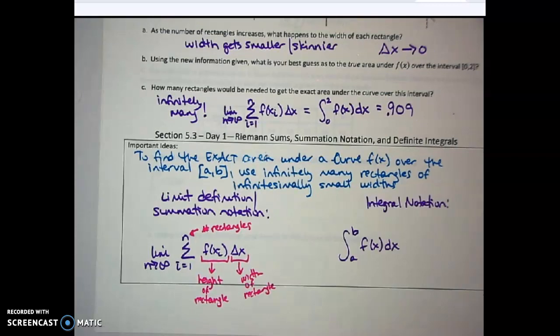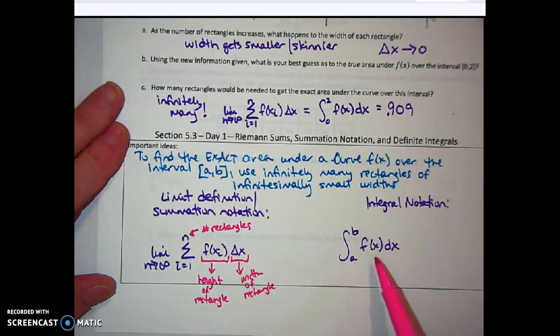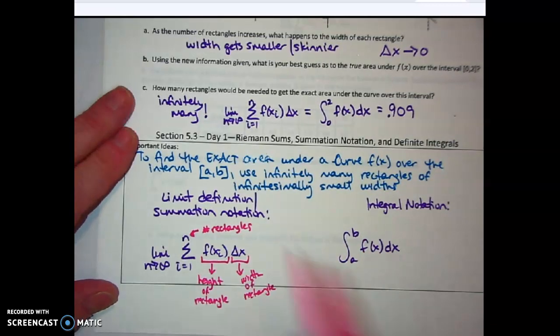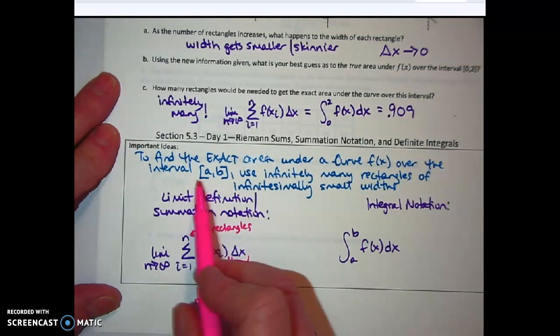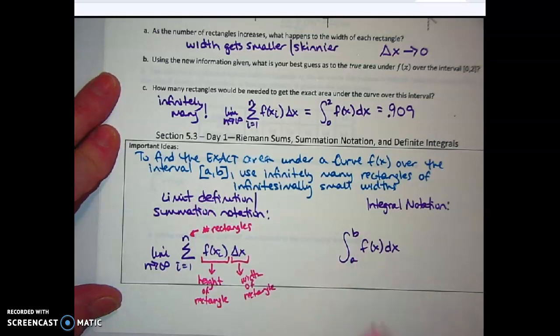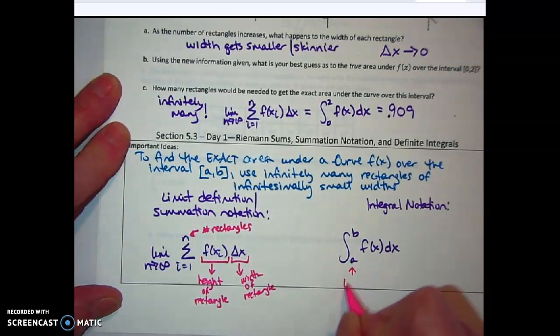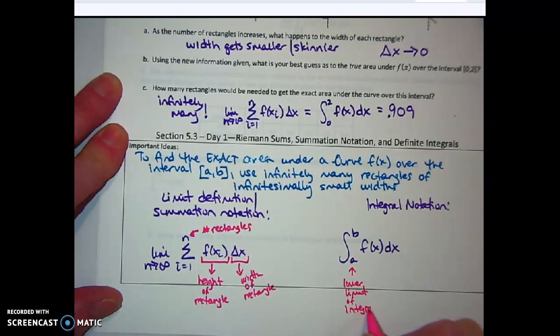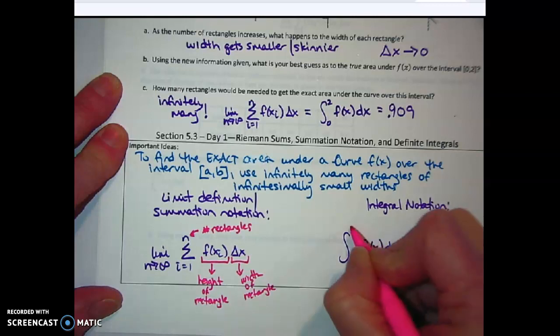And we're going to start using our integral notation. This is the integral from a to b of f of x dx. Now remember that we're in the interval a to b, so this a is considered our lower limit of integration, and the b is our upper limit of integration.